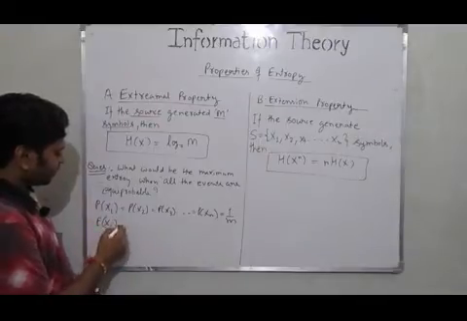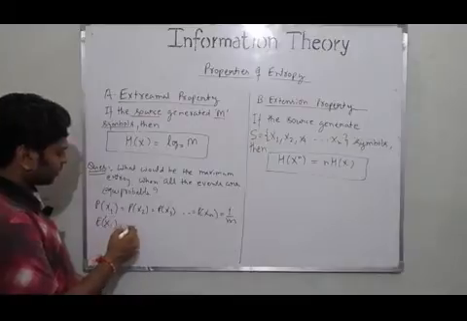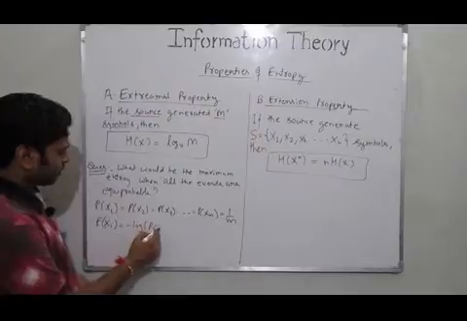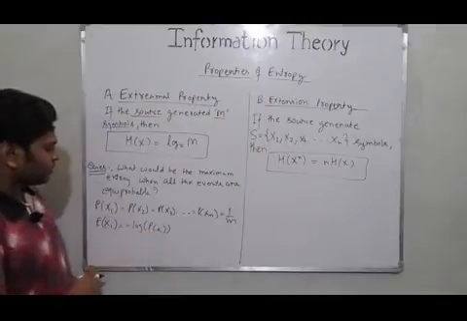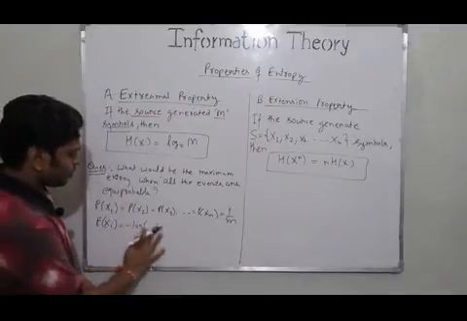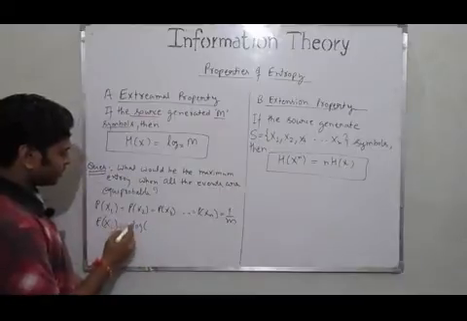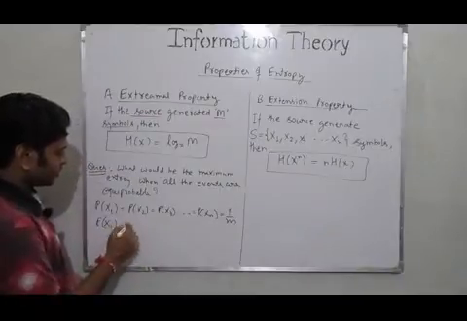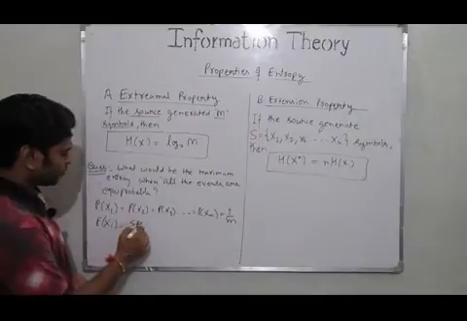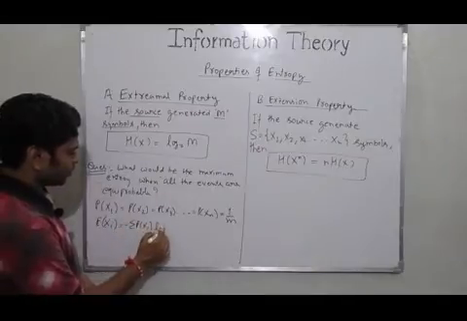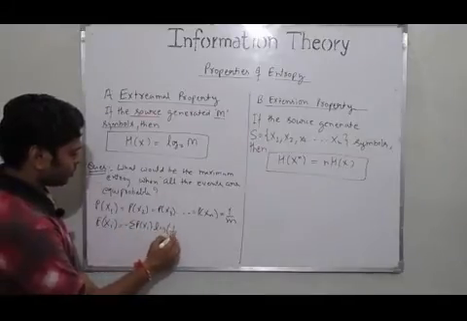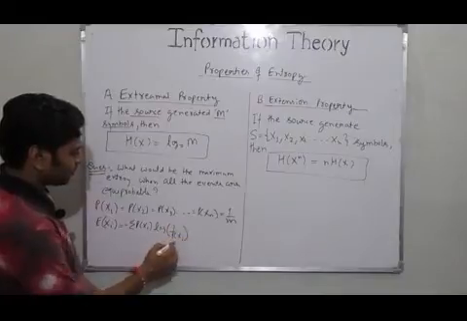So we can find it by using the simple fact that it is basically the summation of p(xi) log 1 by p(xi). Fine?